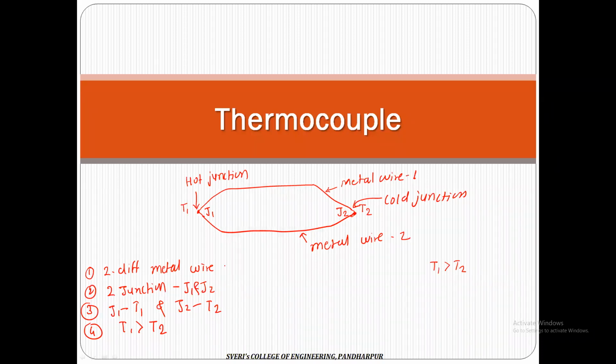When these four criteria are fulfilled by the circuit, it is observed that the electrons have a tendency to move from the hot junction to the cold junction.